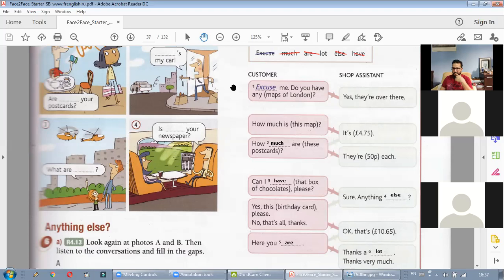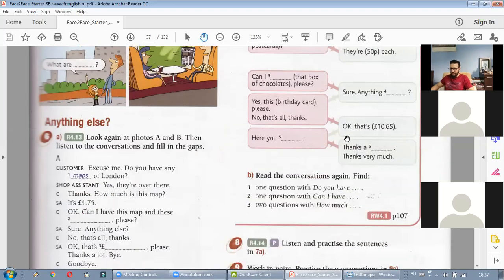Yes, this birthday card, please. Okay, that's £10.65. Here you are. Thanks a lot. Okay, very good. So this is an example of a conversation between a customer and a shop assistant.